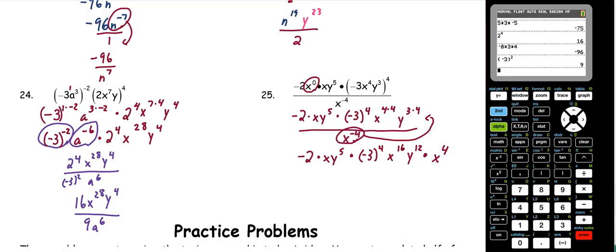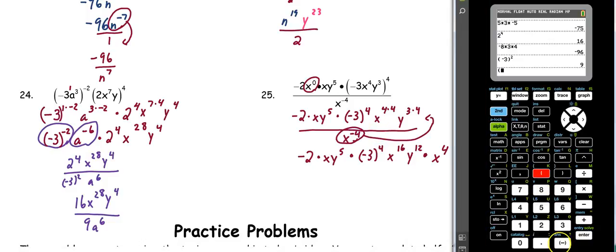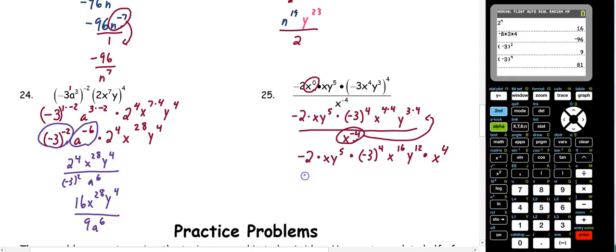So when I combine things, first let's simplify -3 to the 4th is 81. So we now have -2 times 81 times, let's look at our x's. So we have an x to the 16th, and an x to the 4th.